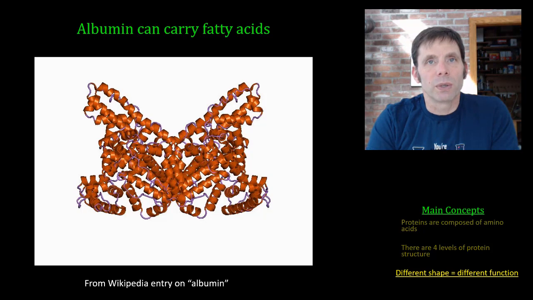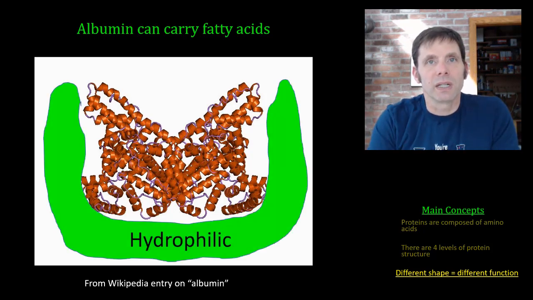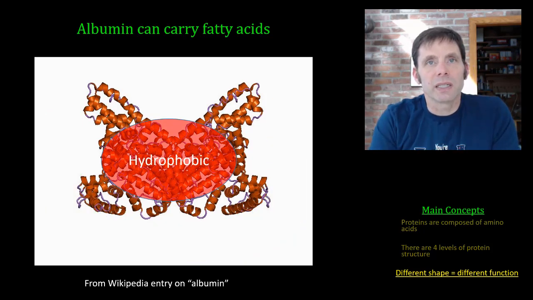Like all soluble proteins, the exterior of albumin is hydrophilic and likes to be in contact with water. On the other hand, the interior is hydrophobic. So if there's a fatty acid, the fatty acid can bind to albumin so that it's on the interior of the protein and removed from the aqueous solution surrounding it.